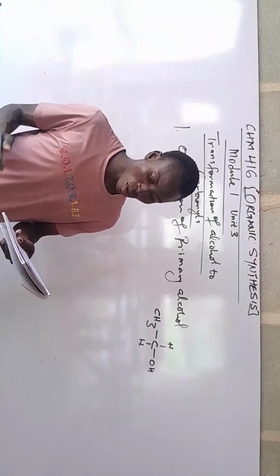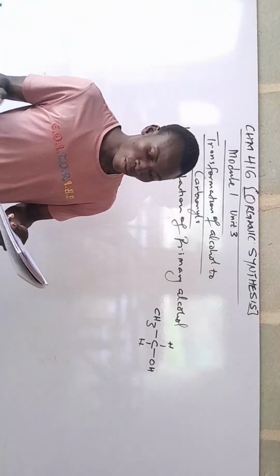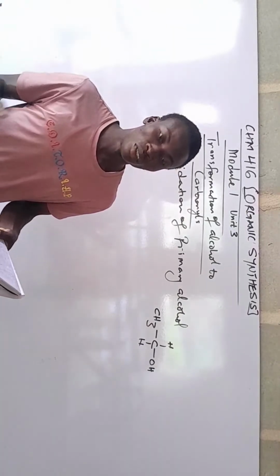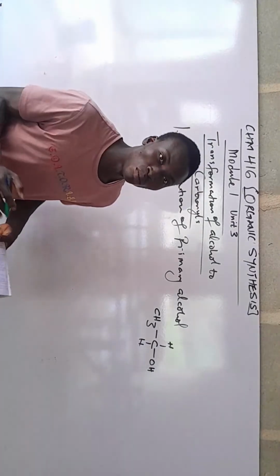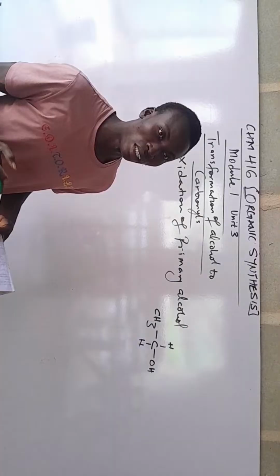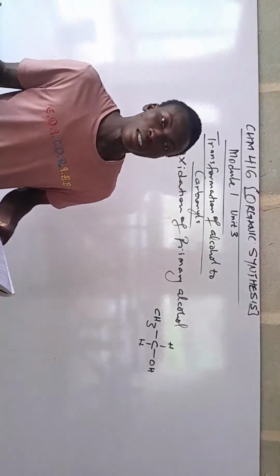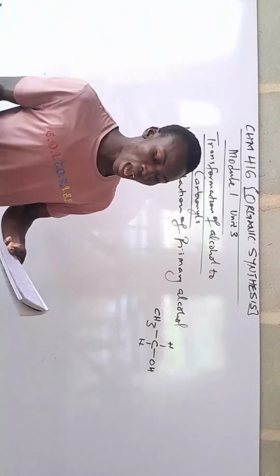The primary alcohol can be oxidized to either an aldehyde or further to carboxylic acid, depending on the reaction condition. The reaction condition is the most important thing to know here: are you converting primary alcohol to aldehyde, or to carboxylic acid?